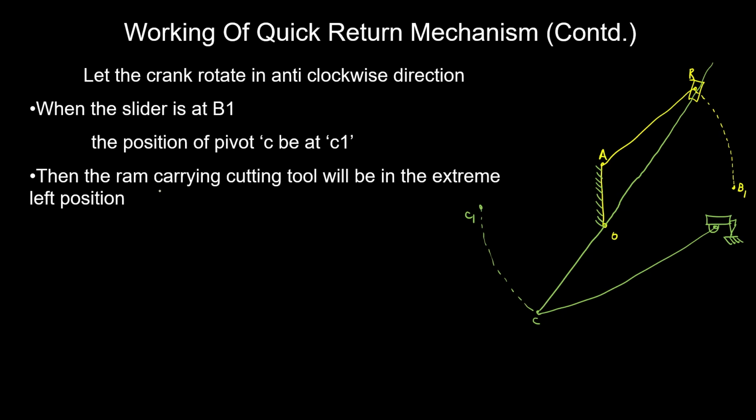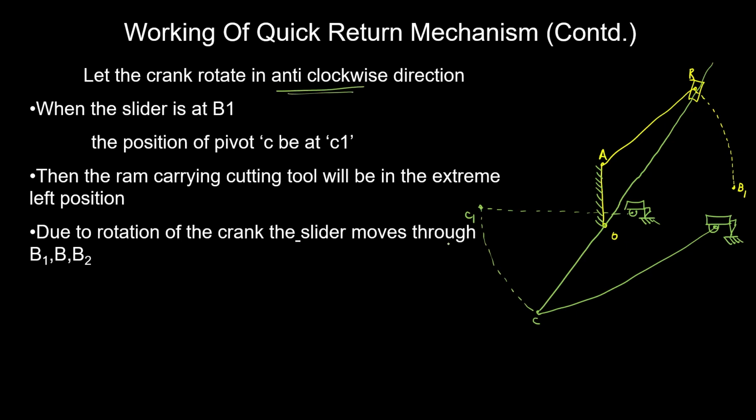So now when the point C1 is attained, the cutting tool is at the left extreme position. So we have brought the tool to the left extreme position, and the counterclockwise or anti-clockwise motion has been given.